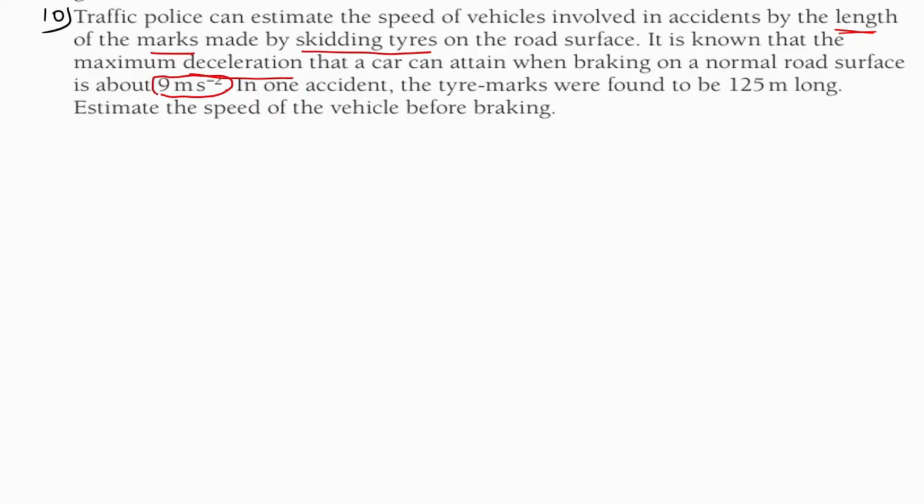Here, they didn't mention clearly what it is, but from the unit, we can say it is acceleration, because the unit is meter per second square. This is one method to identify variables when they aren't mentioned directly.